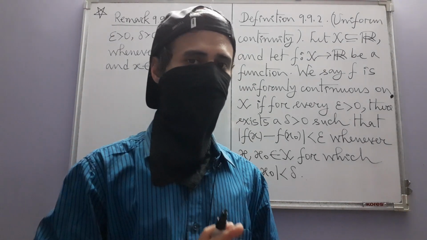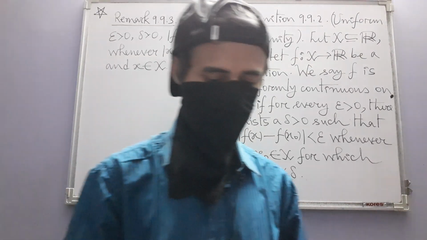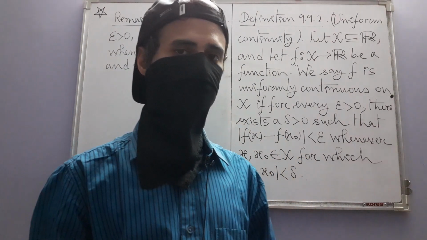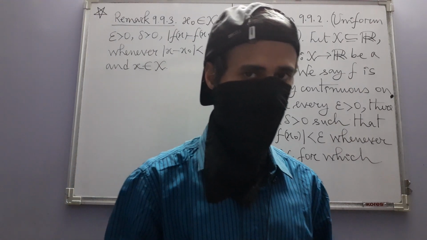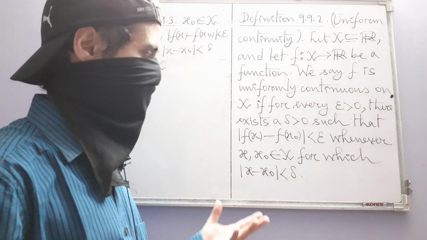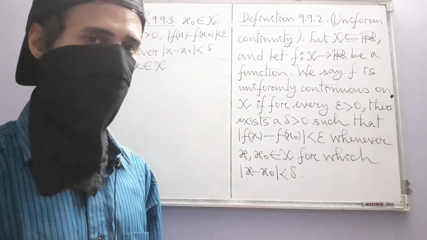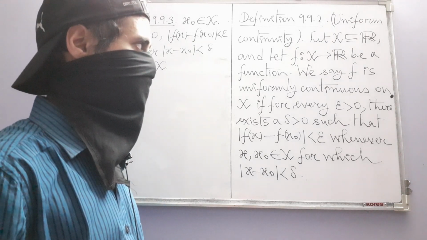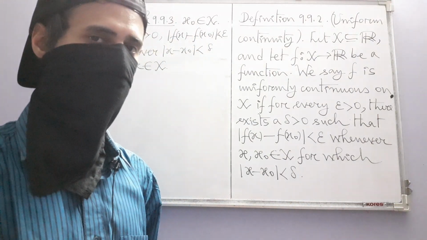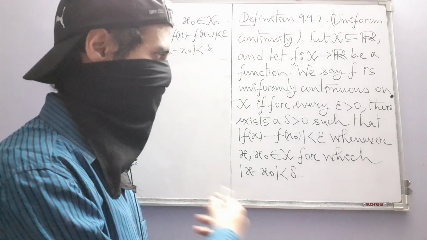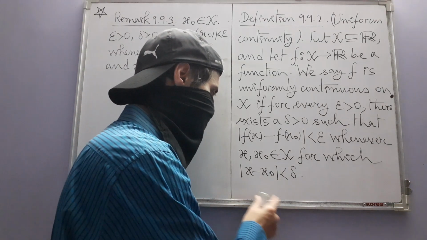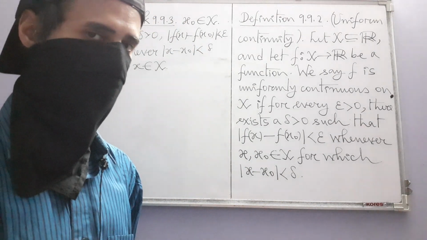Now you can understand that we cannot hope to use this definition itself to decide that a given function is uniformly continuous. So we need to formulate some tools that will enable us to do that. What type of tool can we develop so that we can quickly say, using some sort of theorem, that a given function is or is not uniformly continuous?